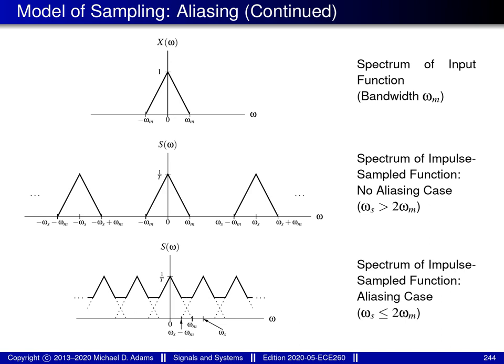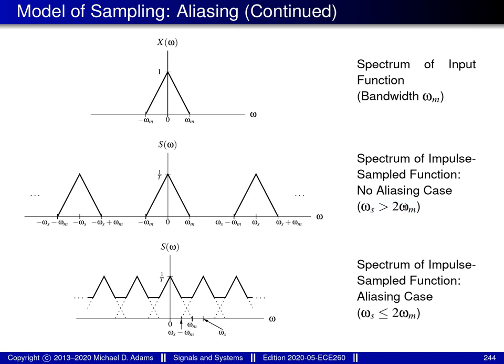Lastly, observe that the condition of no overlap is equivalent to this point at omega m being to the left of this point at omega s minus omega m. Mathematically, this is the condition omega m is less than omega s minus omega m, which is equivalent to this condition here, omega s is greater than 2 omega m.